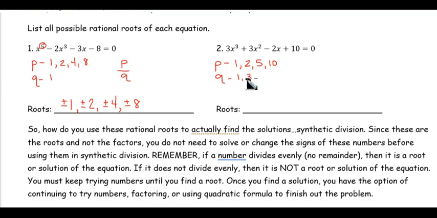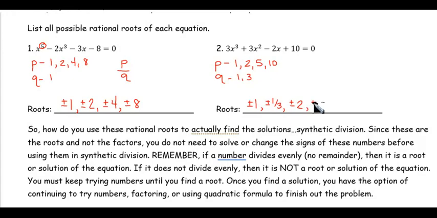1 and 3. Now, to write out my possible rational roots, I'm going to take every P and I will divide it by every Q. So I've got 1 divided by 1 is 1. Then I can do 1 divided by 3. That's 1/3. 2 divided by 1 is 2.